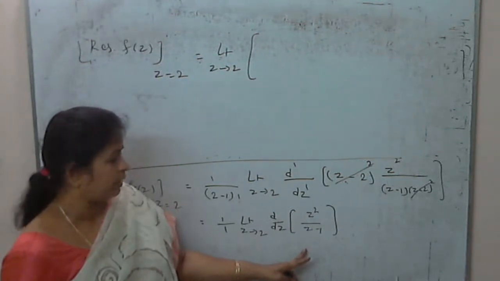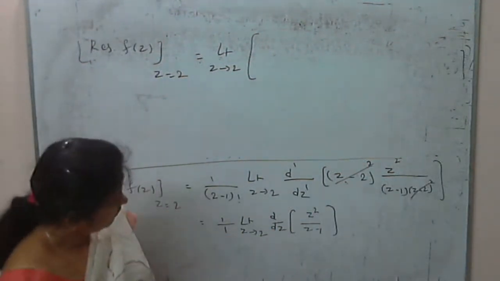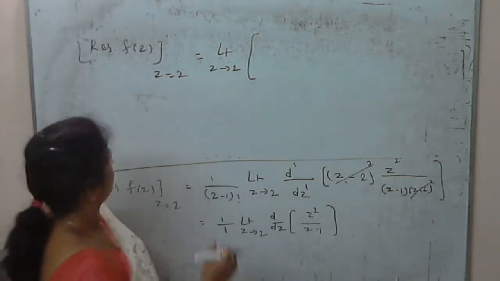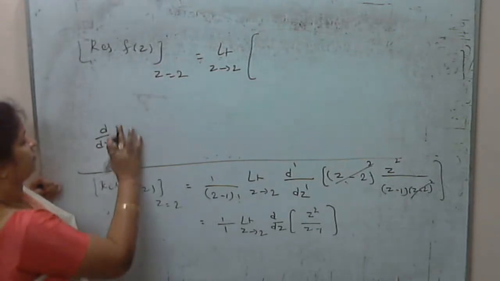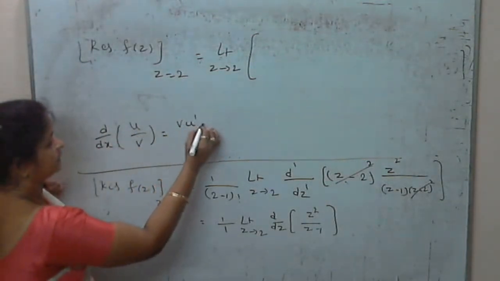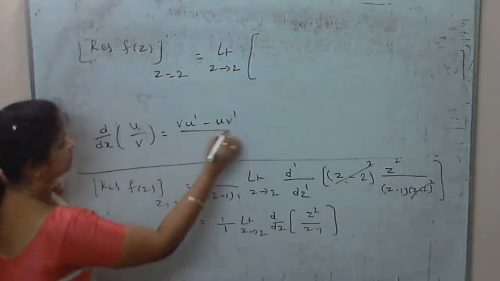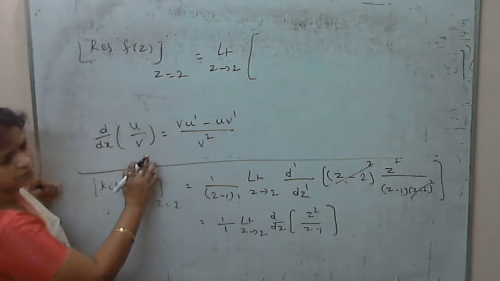U by v formula, the quotient rule. What is the u by v formula in differentiation? d by dx of u by v is (v u dash minus u v dash) by v square. This is called the quotient rule.